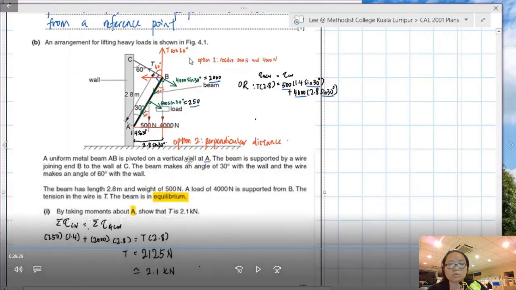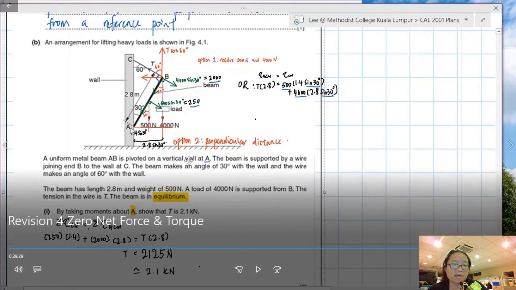Again, up is equal to down, so let's say this vertical component here is FA. FA plus T cos 60 is equal to 4500. That is the second point.